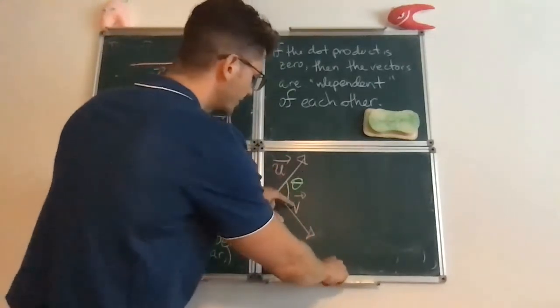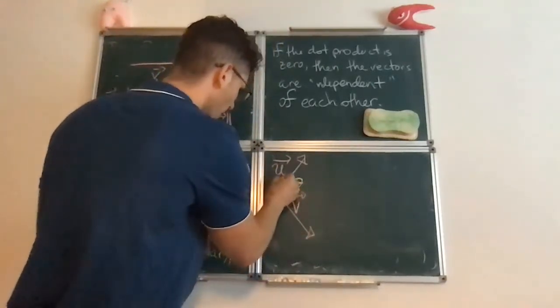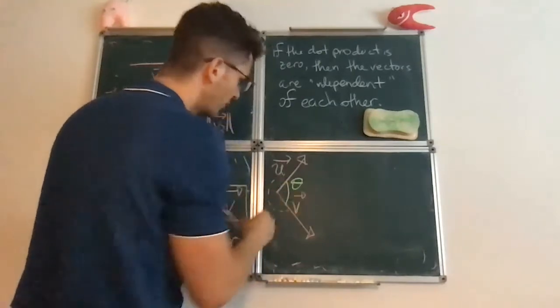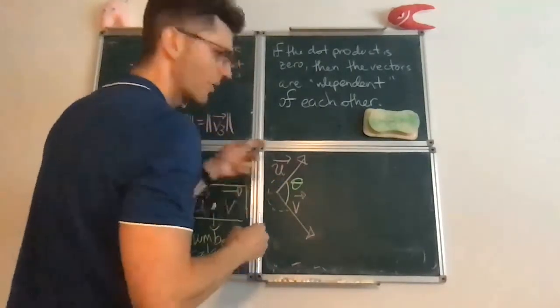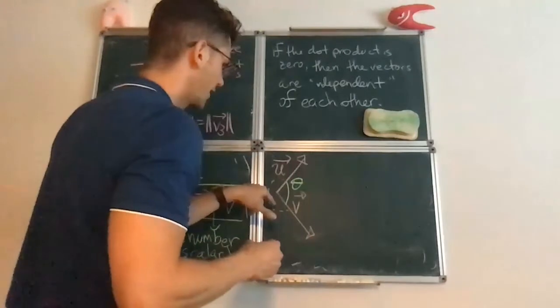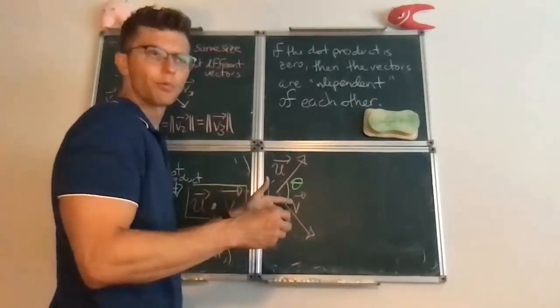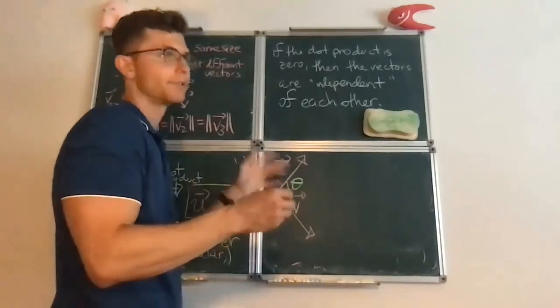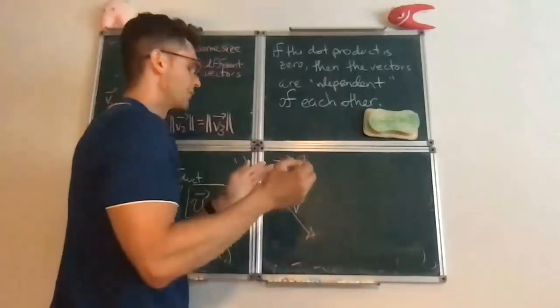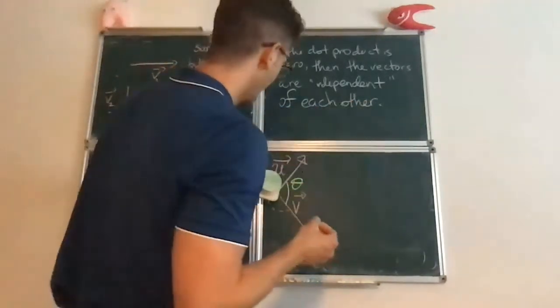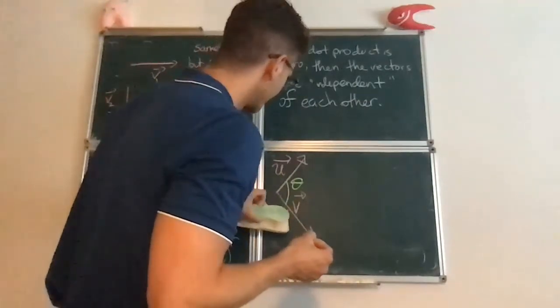You could choose this one, or you could choose this other angle. Both of them add up to 360 degrees. So one of them is always less than 180 degrees, or it could be 180 degrees. So you always choose the angle that's smallest.